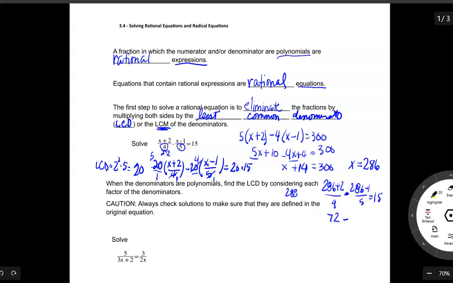Minus, this would be 285 when I subtract the 1, divide that by 5, I get 57. Equals 15, and you can do the math. 72 minus 57 does equal 15. So our answer is 286.